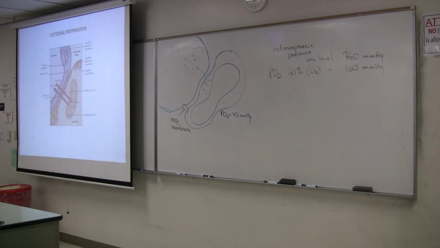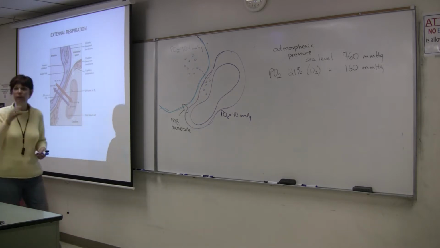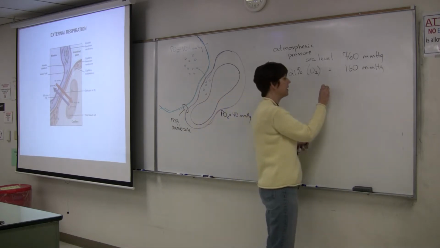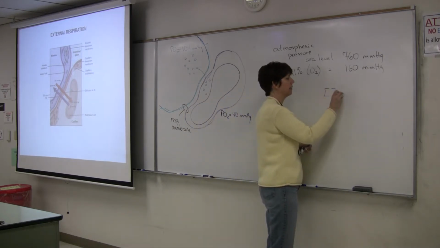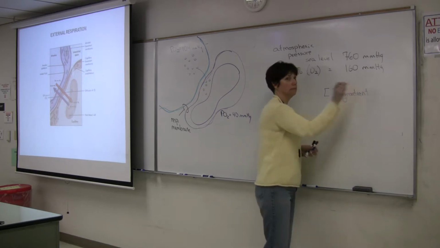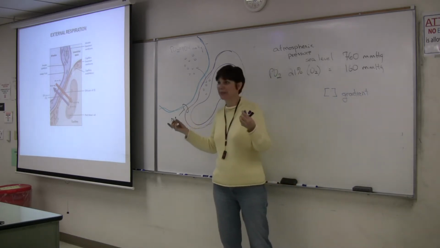All right, so if you'll turn to page 54, when we talk about this external respiration, we talked about diffusion. I didn't have you guys in Bio 430, but I know you talked about diffusion and osmosis and filtration and mechanisms by which molecules move across the membrane. So one of the factors that affects this is the concentration gradient or pressure gradient, same thing, okay?